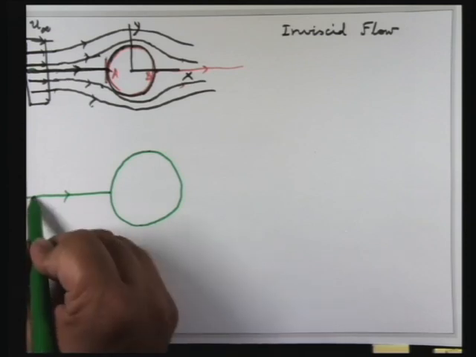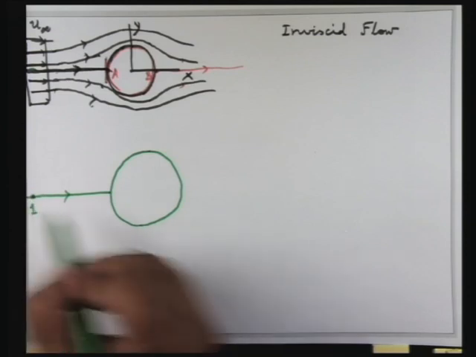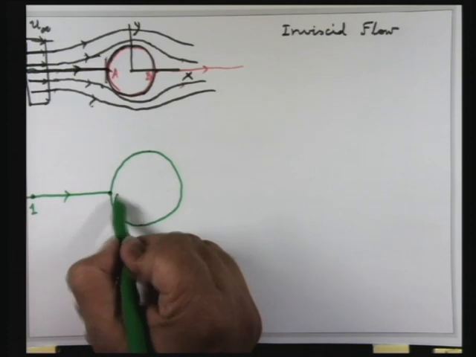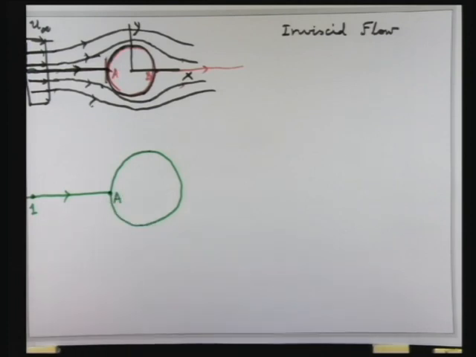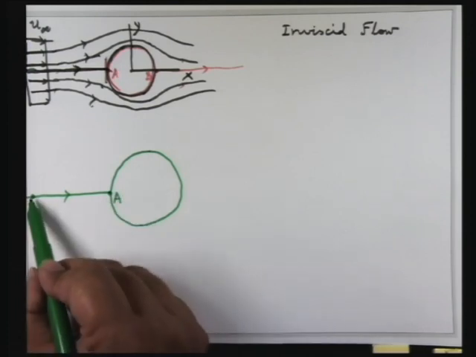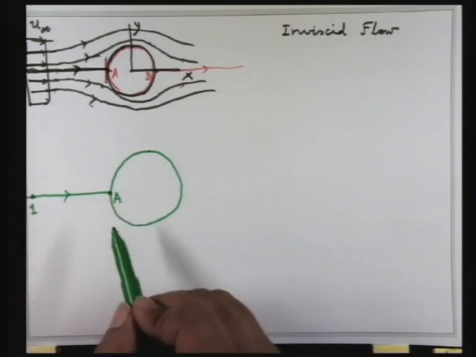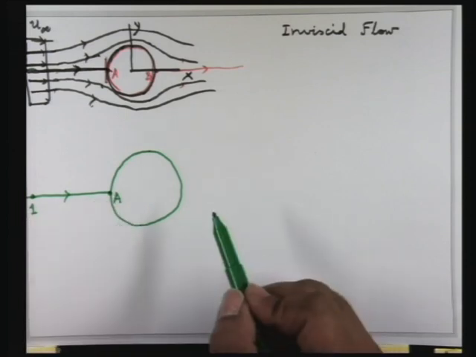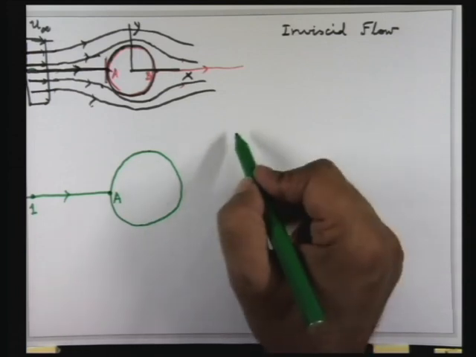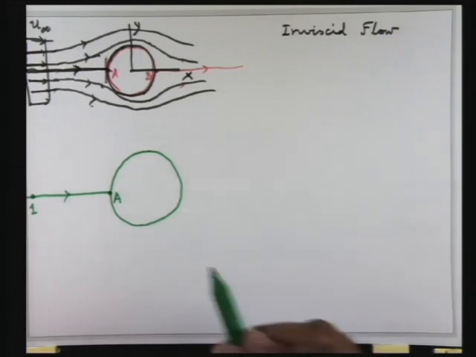Now I take a point here, 1, and this point here is, say, what I call A. Now we apply Bernoulli's equation, of course in different forms. The one which was discussed just now by Professor Chakravarti is the simplest form.